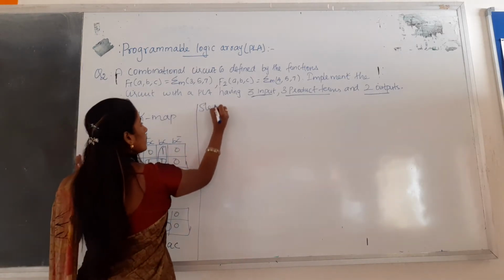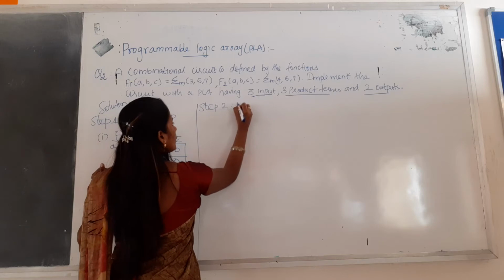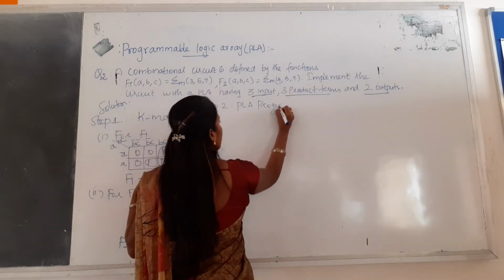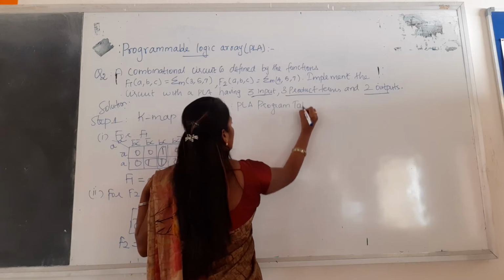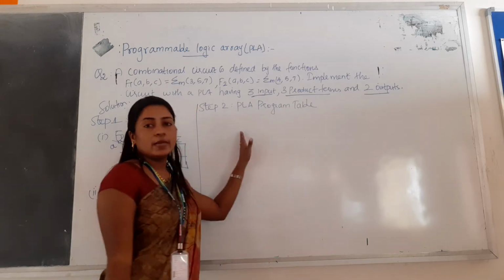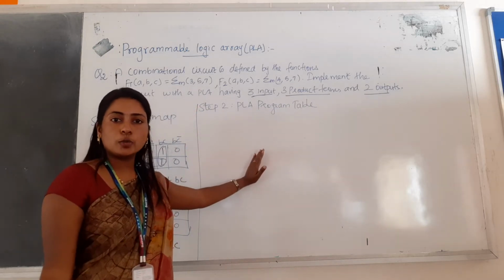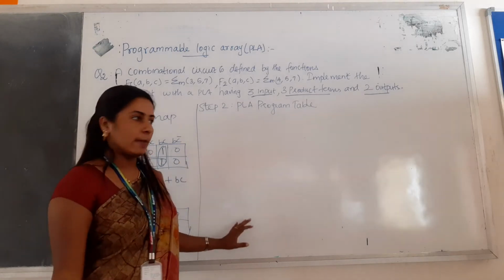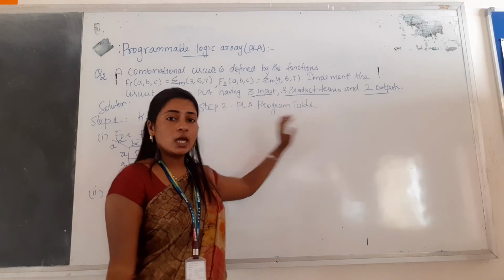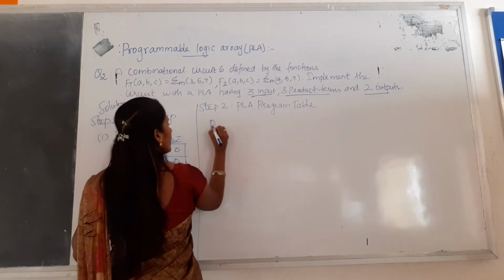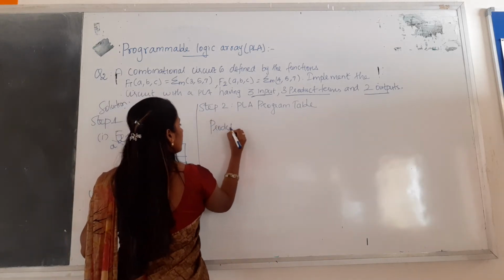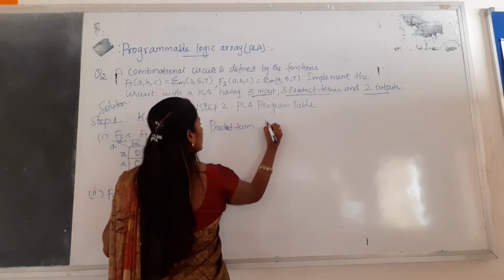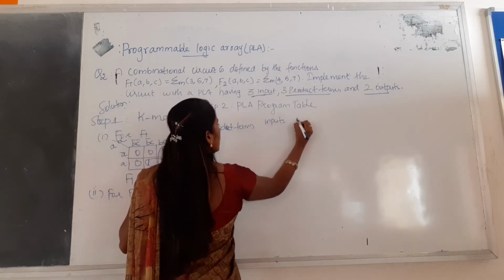Next, step 2. Step 2 is the PLA program table. In this table we have to mention which are the product terms we got from the 2 K-maps, and which are the inputs and which are the outputs. Everything we have to mention. So first product terms, their inputs, outputs.